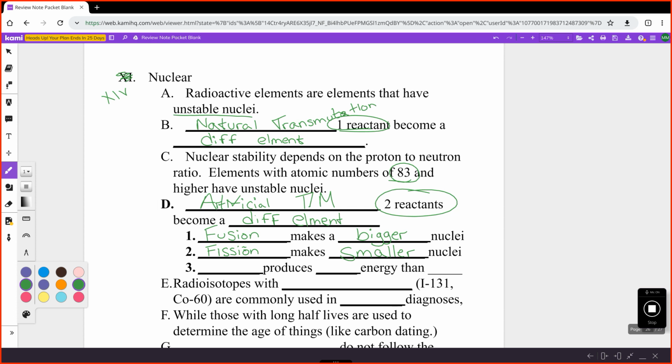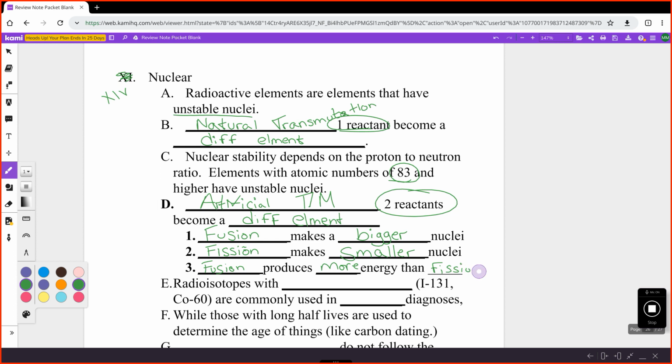The other comparison between fission and fusion is that fusion, the process of making a bigger element, produces more energy than fission.